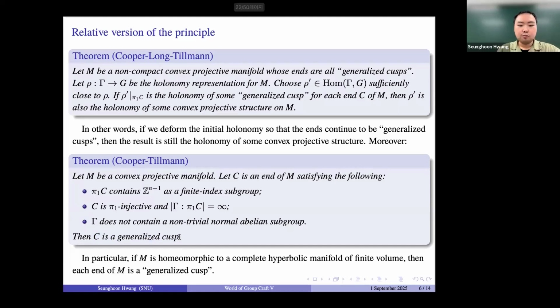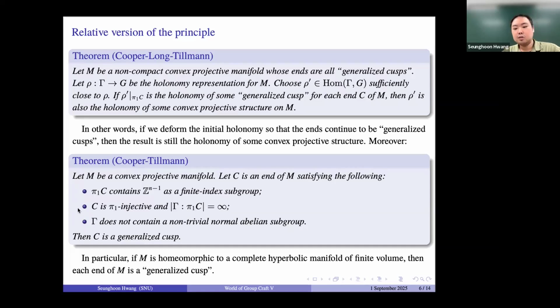But what we should note here is that these three conditions will automatically hold when we assume that M is a complete hyperbolic manifold of finite volume, because these properties are what you can expect from cusps in such hyperbolic manifolds.